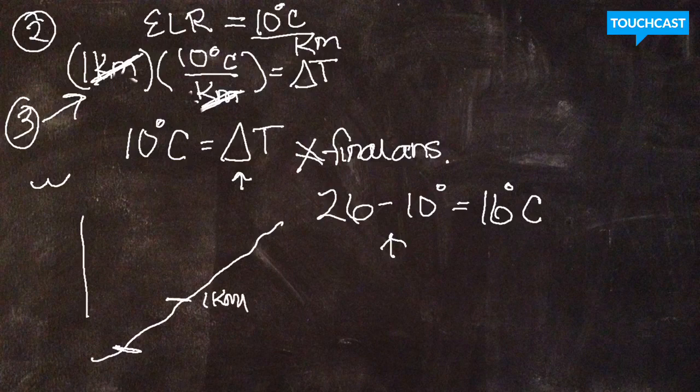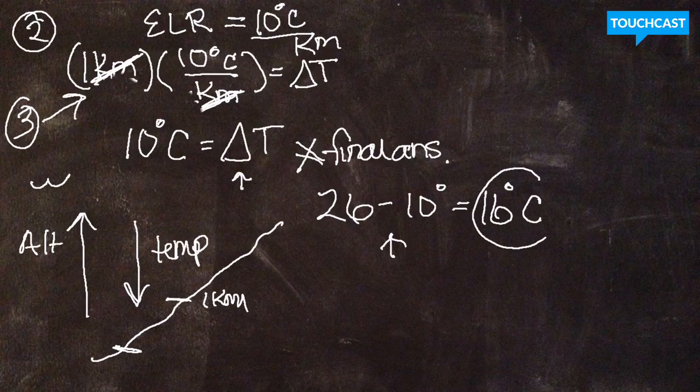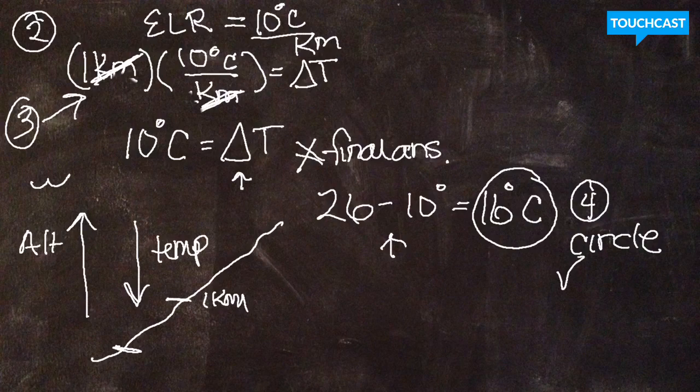Anytime you go up, the temperature is going to go down. So as you go up in altitude, the temperature is going to go down. So the final answer is 16 degrees Celsius, and step 4 is always to circle your answer and check your units. Now let's do another one here in a little bit.